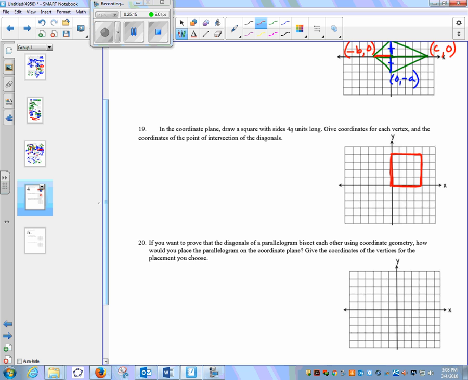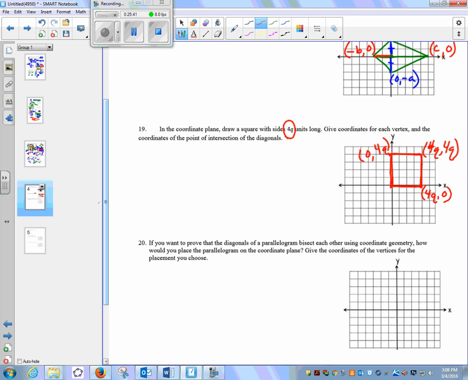Might be better not to have the grid there, but it's there. So we're just going to use Q, we're not going to use numbers. So this is going to be over 4Q up 0. That makes it a length of 4Q. This one's going to be over 0 up 4Q. And this one's going to be over 4Q and up 4Q.